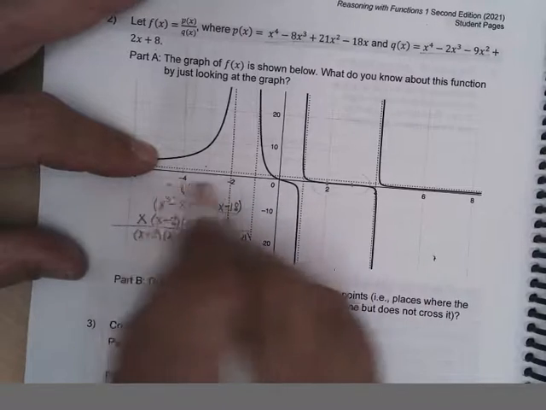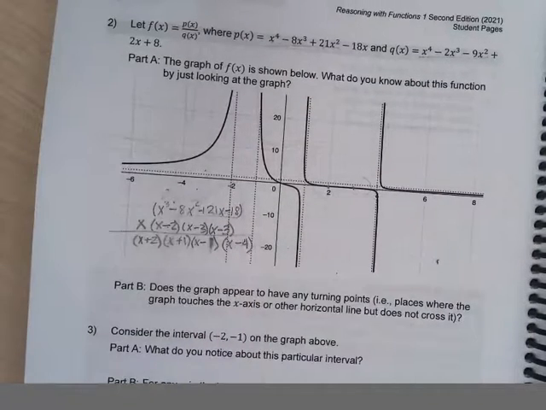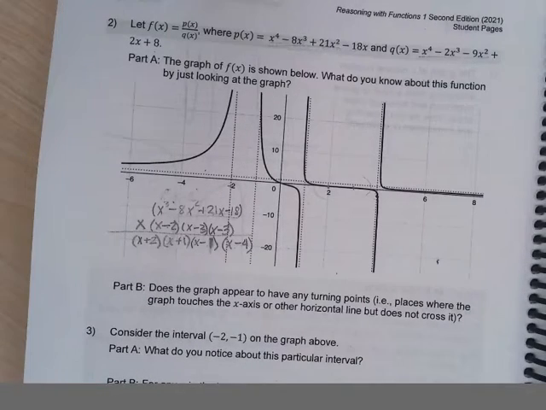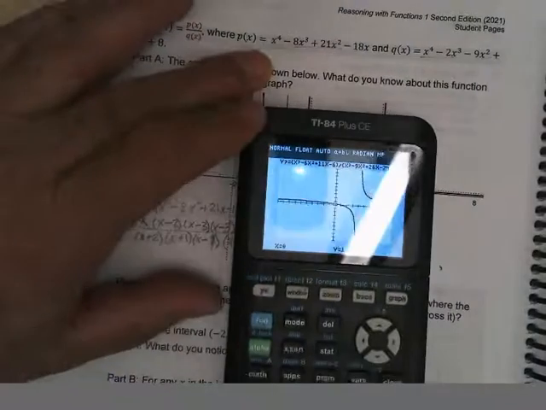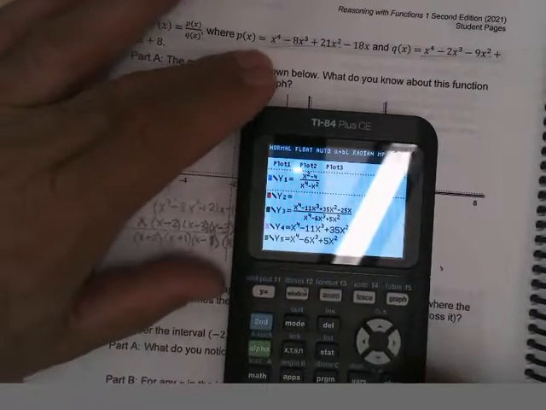I was trying to do another possible factoring way. The easiest way to factor it, of course, has been what we've been doing in class, and that is to type in that equation.